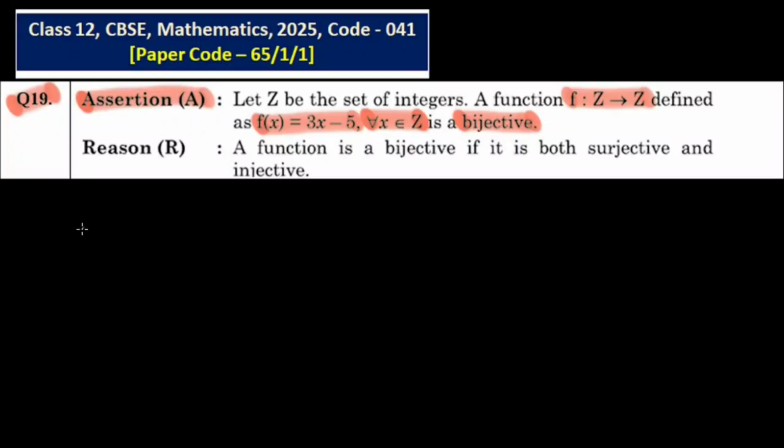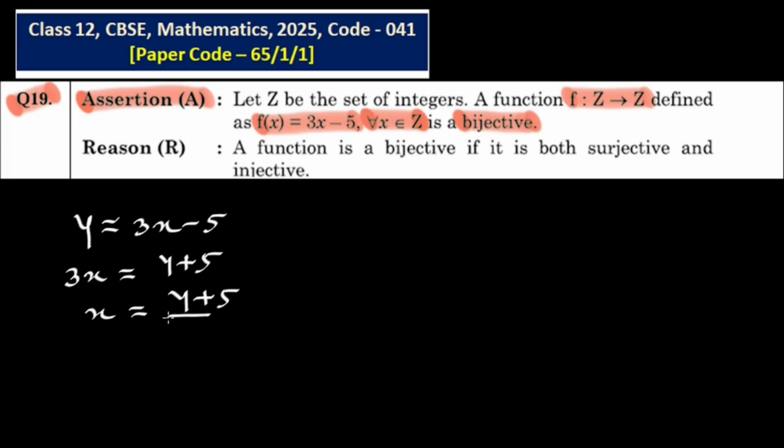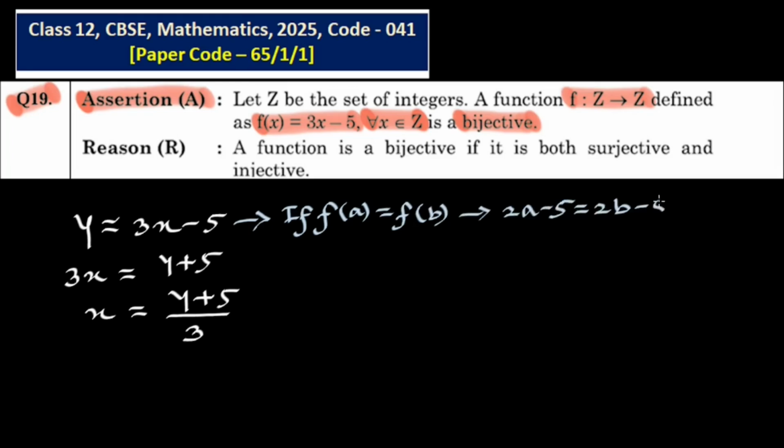Here the function given is y equals 3x minus 5, 3x equals y plus 5, x equals (y plus 5) upon 3. Now here, if f(a) equals f(b), then 3a minus 5 equals 3b minus 5, which implies a equals b. This shows distinct inputs always produce distinct outputs, which implies this function is injective, that is one-one.